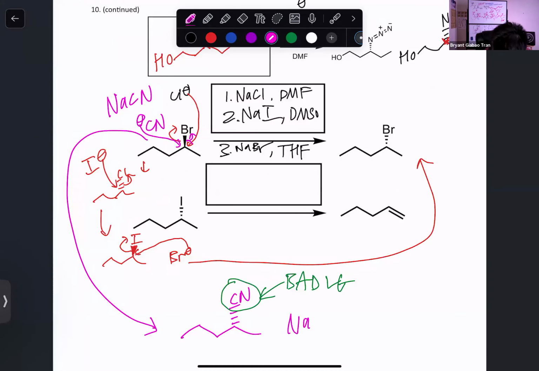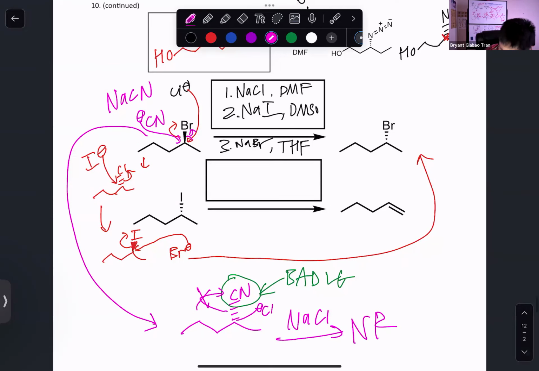So when you try to do, let's say, NaI or NaCl, it doesn't matter. Let's say NaCl. The Cl minus here would not attack that carbon. Well, it can, it tries to, because it has kind of a partial positive charge, but it would not kick it out. It cannot kick out a bad leaving group. That's why no reaction would happen. It would not go through. This is no reaction because we do not have a good leaving group.